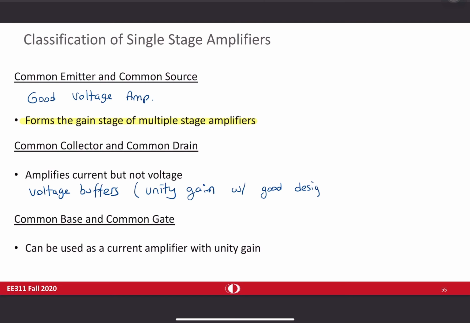Good design means that, of course, you want to make 1 over Gm much less than the load resistance, or small RE much less than the load resistance. For common base and common gate, you have unity gain current buffers.